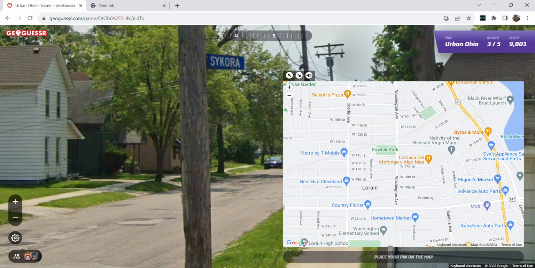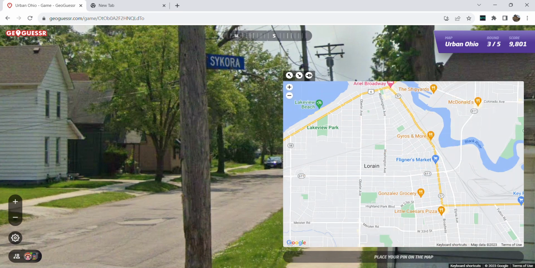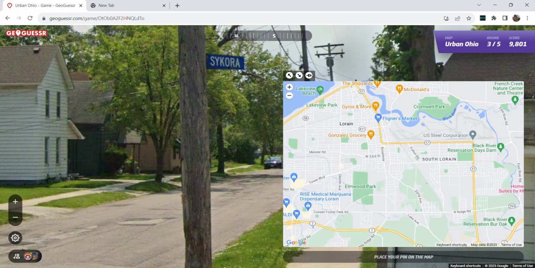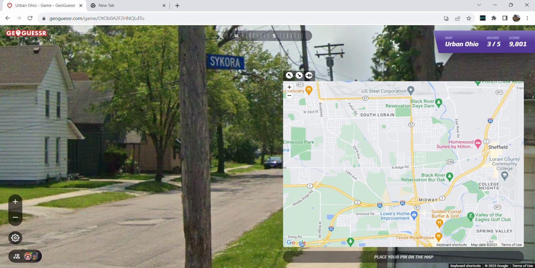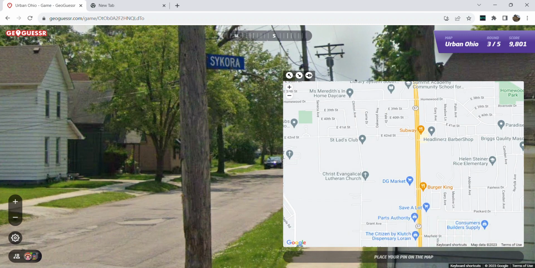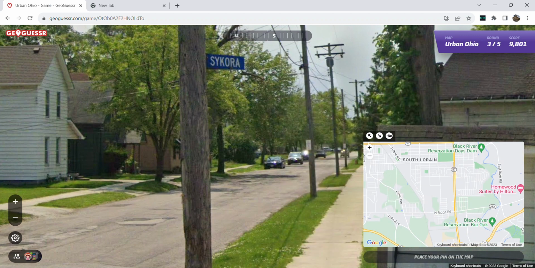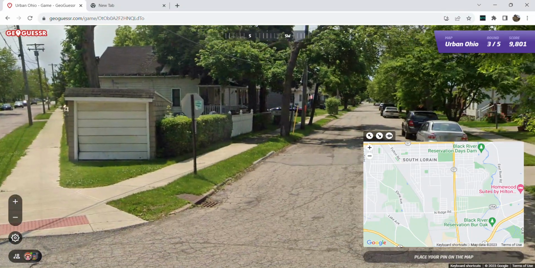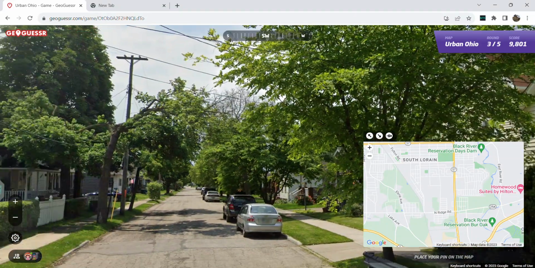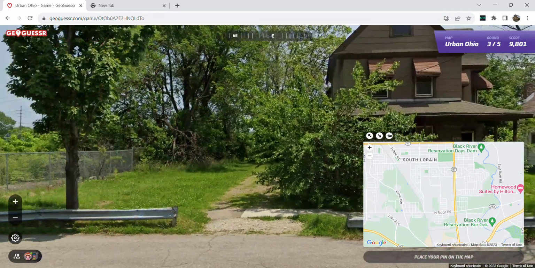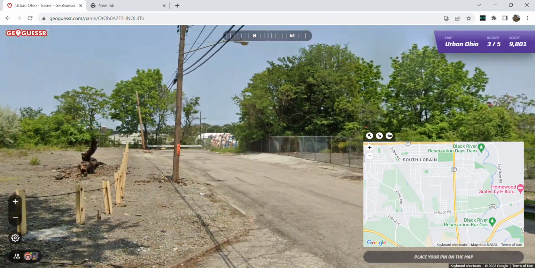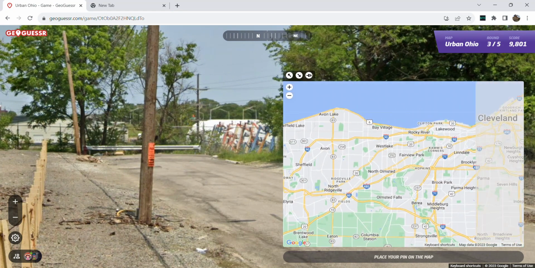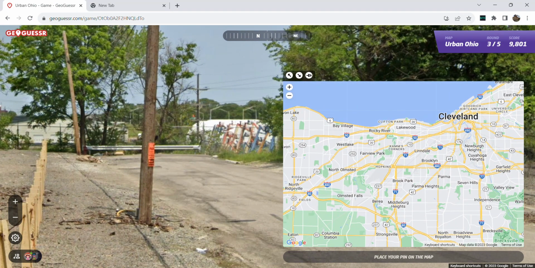What about somewhere like Lorraine, Elyria? Definitely possible. I think I'm not going to get too much here. I don't think I'm able to get an area code off of anything. I feel like blue street signs, just the general vibe, general industrialness of everything.